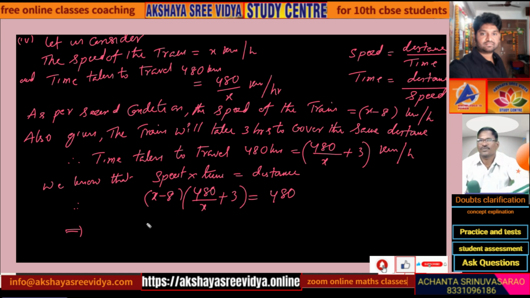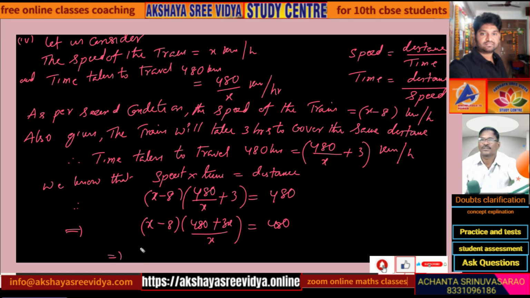This is equal to x minus 8 into 480 plus 3x by x is equal to 480.